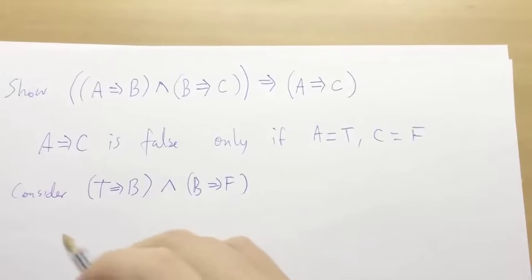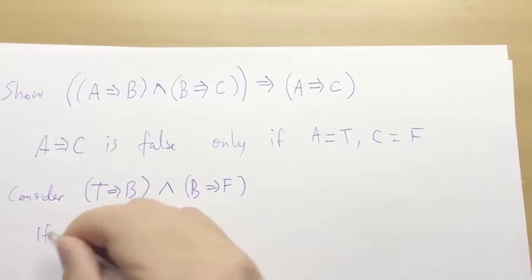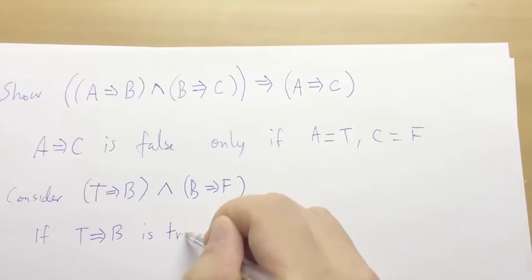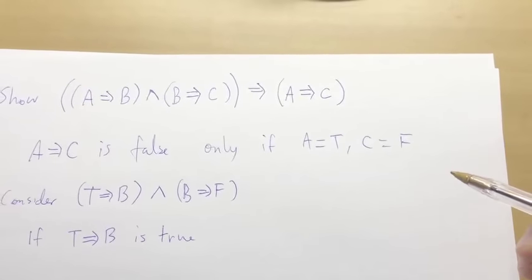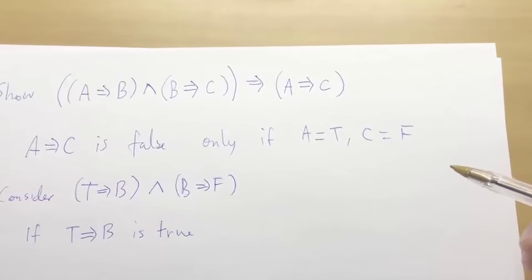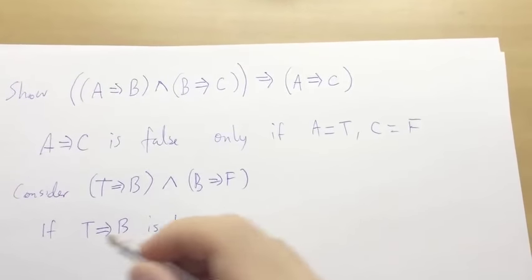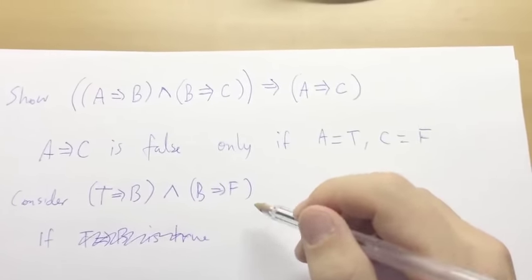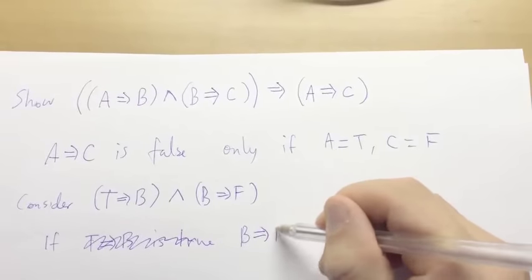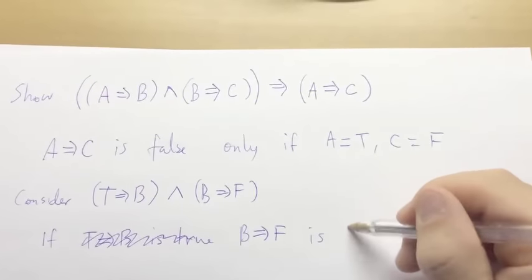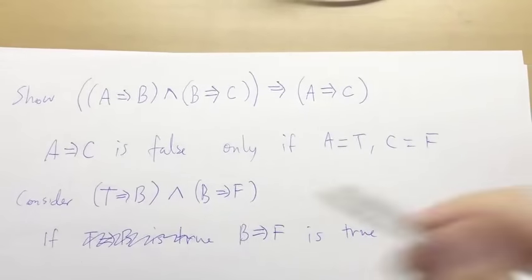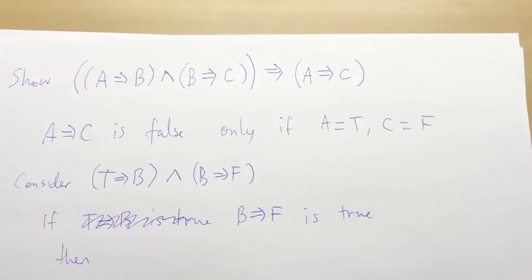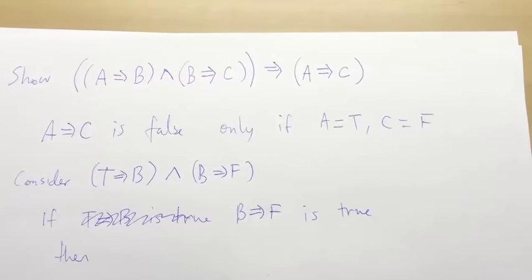Now, if T implies B is true, or actually it might be easier to say if B implies false is true, then, as in another exercise, not B is true.